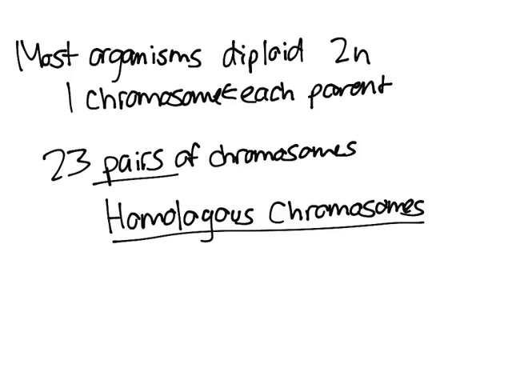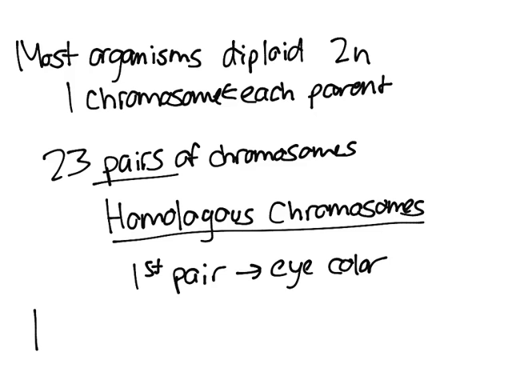And what that means is they code for the same trait, but may not be the same. So, for example, your first pair, remember, one from your mom, one from your dad, the first pair may code for eye color, for example. But one of the pair can code for blue eye color, while the other one can code for green eye color or something. So they code for the same traits, but one is going to be dominant over the other.